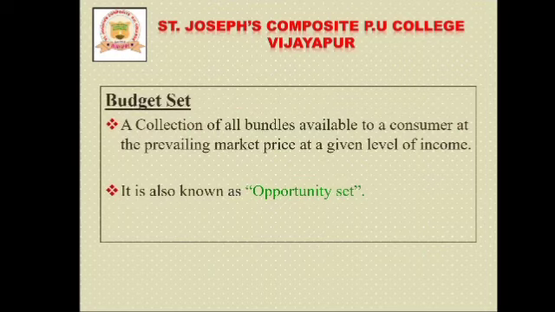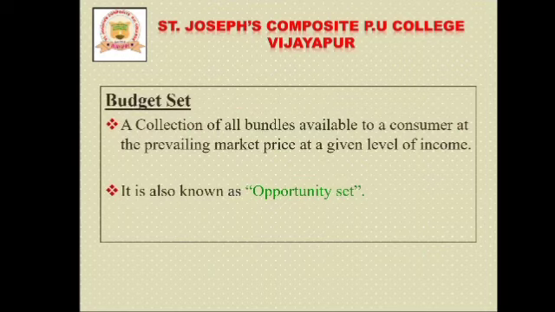According to that, the collection of all bundles of commodities from which the consumer will choose to purchase goods and services. The budget set is also known as the opportunity set.